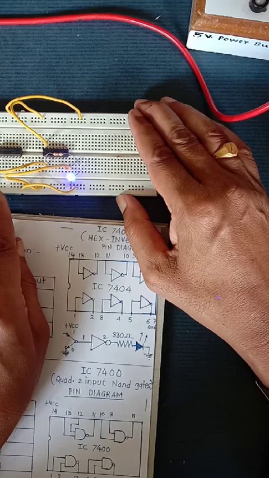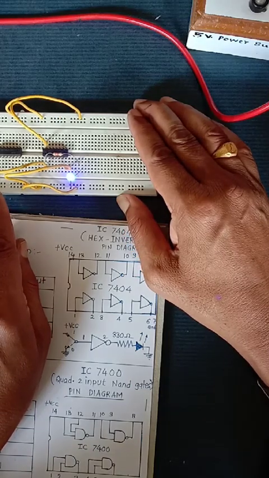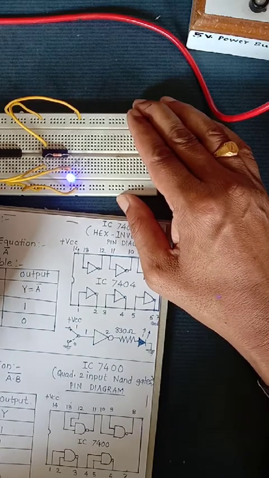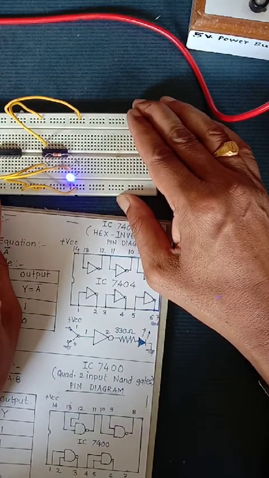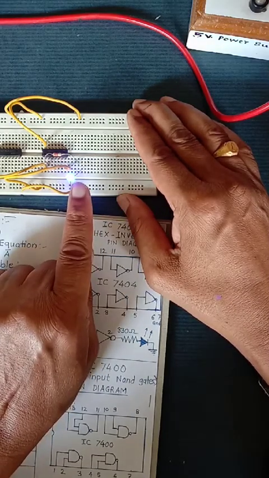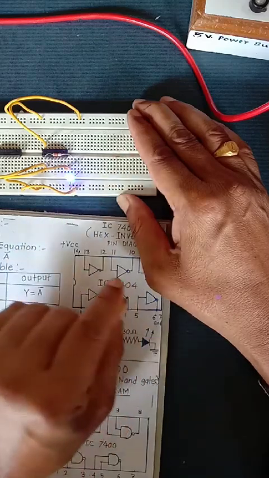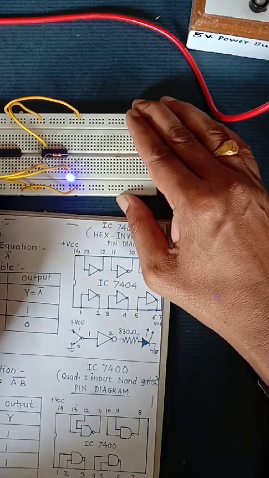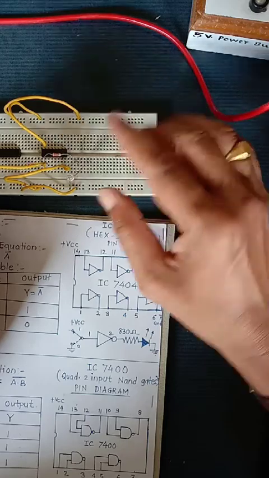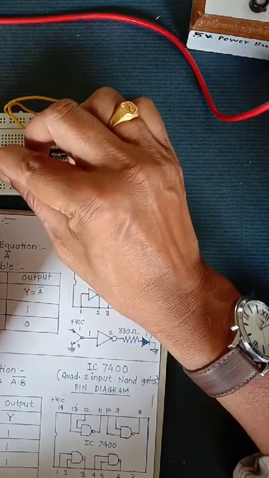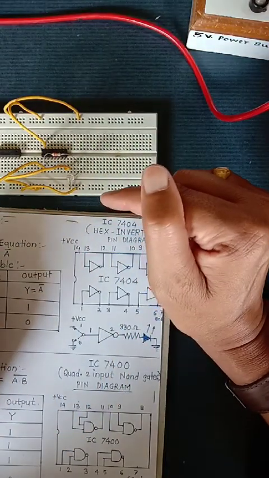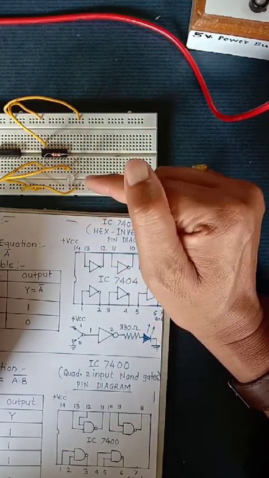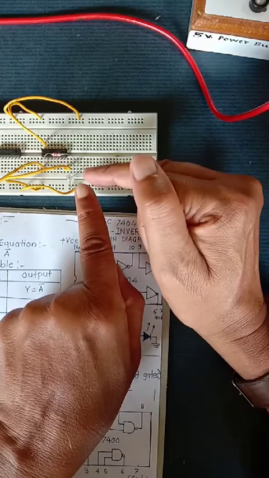Pin number 1 is connected to the ground, so the input is low. So when input is low, output is high. The LED glows, which means the output is high. Now when input is 1, that is, if this wire is free, the input is high, and output is low because the LED is off.